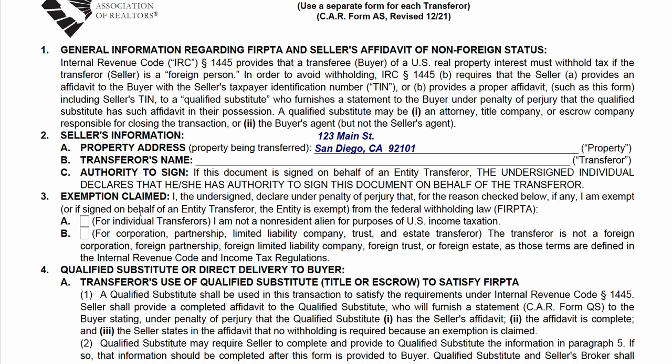So it's asking the seller, for individual sellers, individual persons, they're declaring, I'm not a non-resident alien. For entities, and they say corporation, partnership, LLC, trust, etc., that they're saying this entity is not a foreign entity because you're saying I'm not subject to the withholding that's required for foreign persons or entities selling real estate. So you're claiming an exemption, okay?